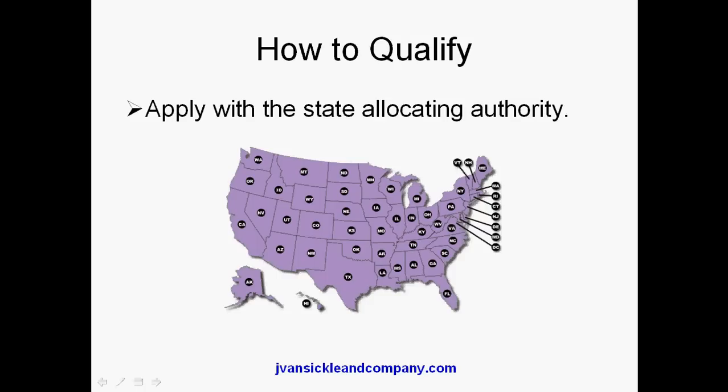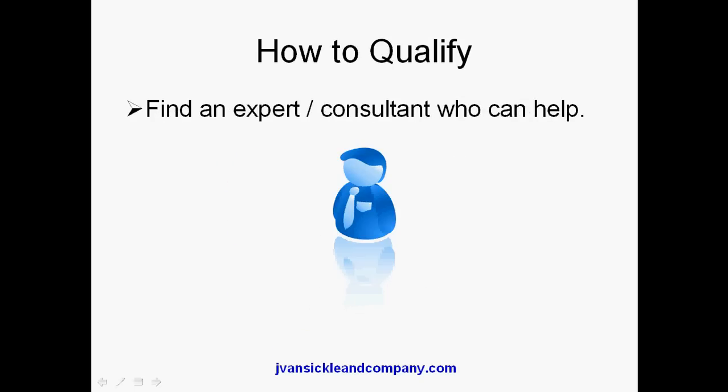The federal government has said, we've got this pile of tax credits we want to allocate. We apply a formula, which I won't get into right now, to decide how much of the overall funding each state will get each year, and then we give it to the state to allocate.